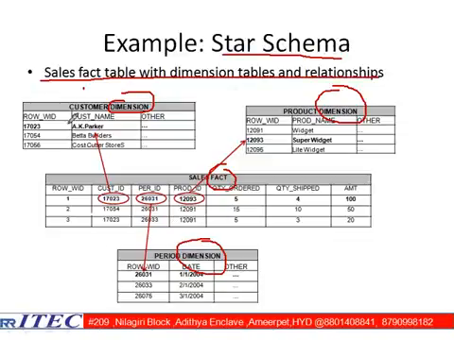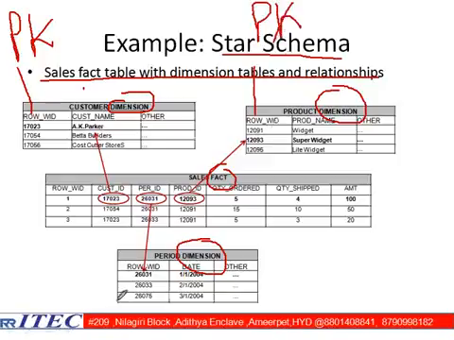Now if you observe here, I have a key column. This is what, sir? Key column. I can also call this a primary key column. And the remaining are all what, sir? Nominal information. And here I have the key column. This is called what, sir? Primary key column. Here also I have the key column, also a primary key column.